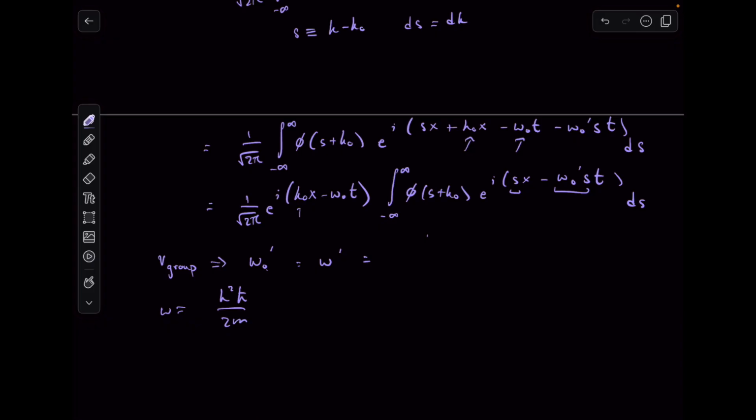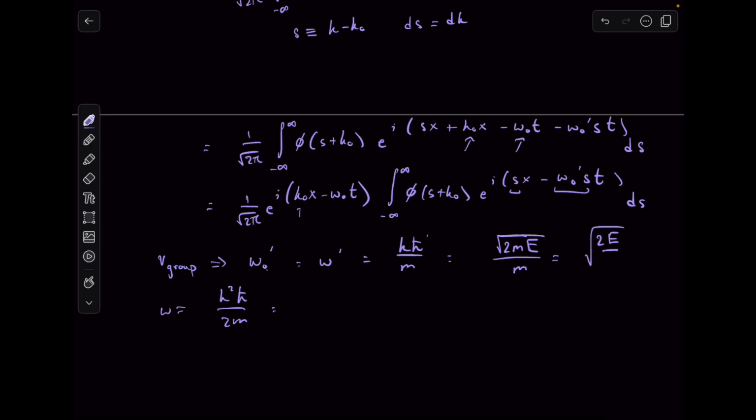So if we differentiate, we get k h bar over m. And now plugging in the value for k, we have square root of 2m times the energy over m, because the h bars cancel, and we're left with the correct velocity.